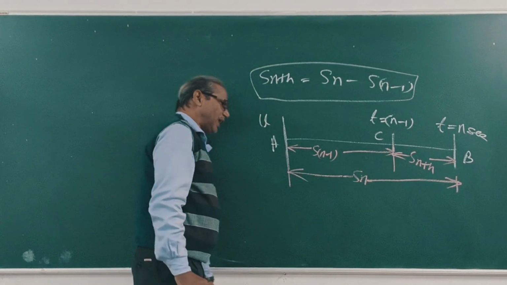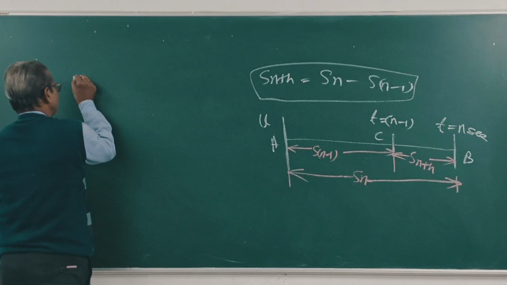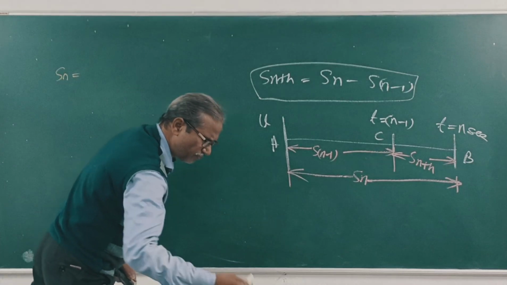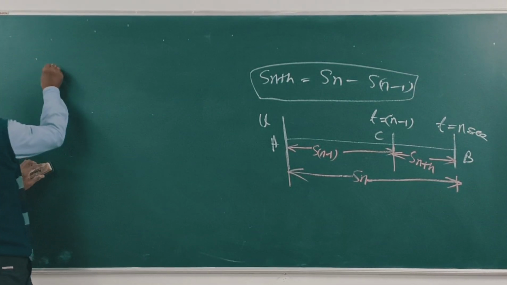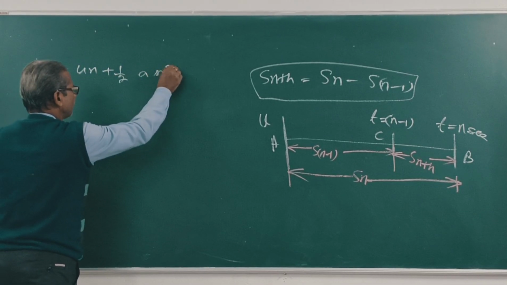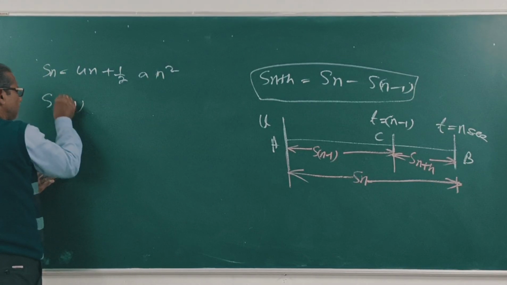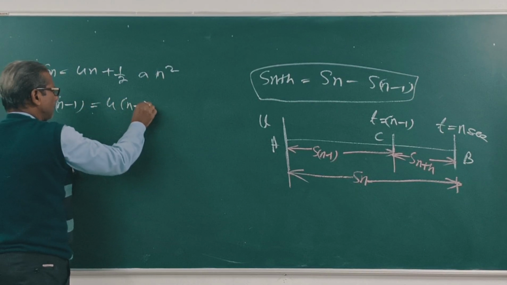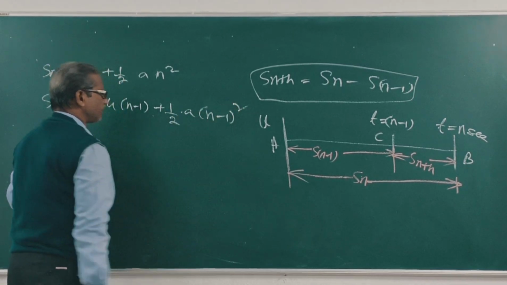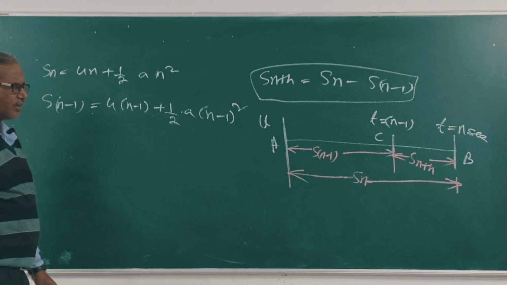Clear? Now we'll derive the formula. What is s_n equal to? s_n = un + ½an². Right? s_(n−1) = u(n − 1) + ½a(n − 1)². Clear?